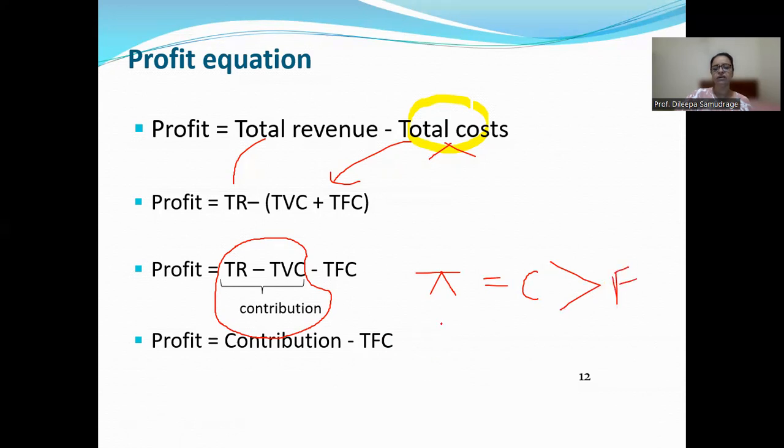So loss, what is loss? How do you write loss using this equation?